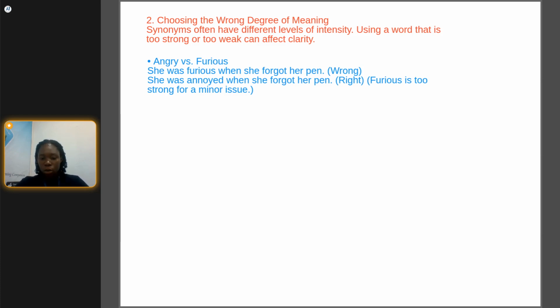All right. So the third point that we are looking at is misusing synonyms in formal and informal context. So just like we have intensity, we have settings too. And in settings, you could have formal setting and you could have informal setting.